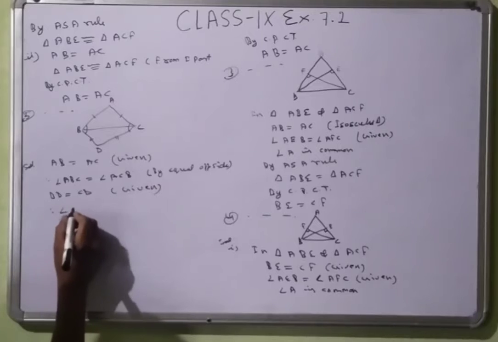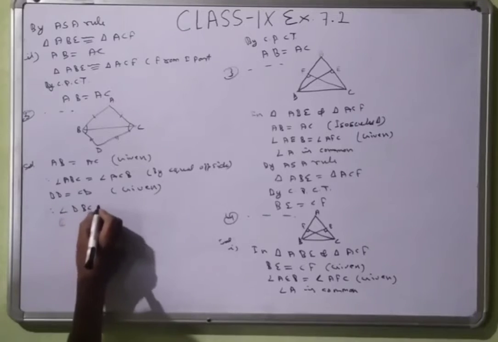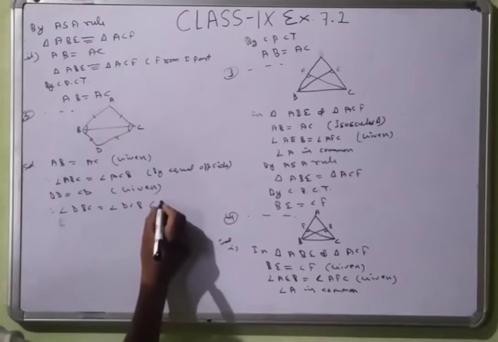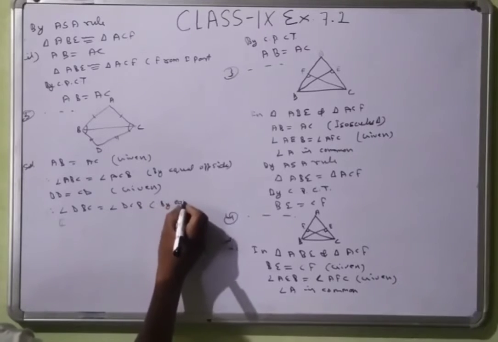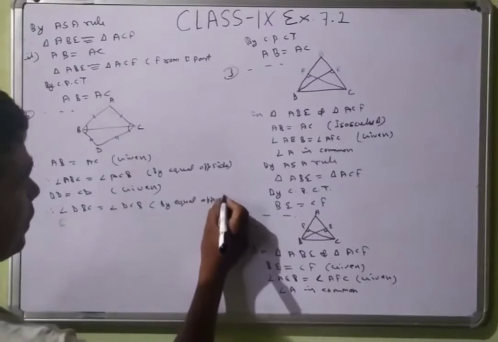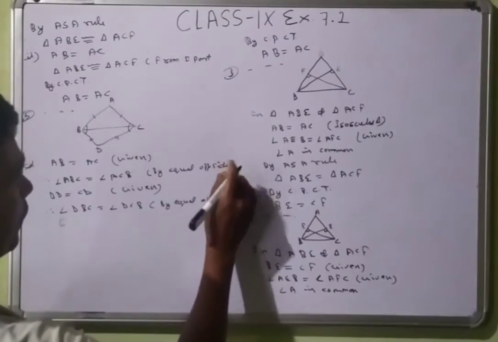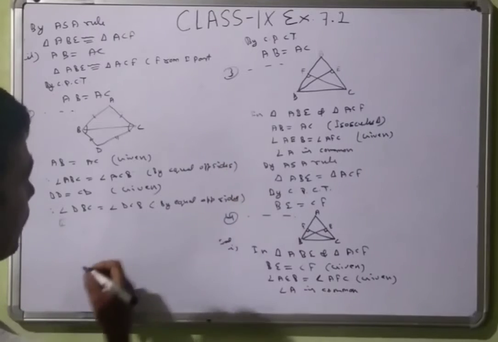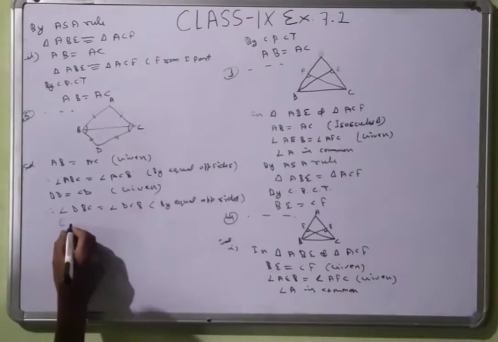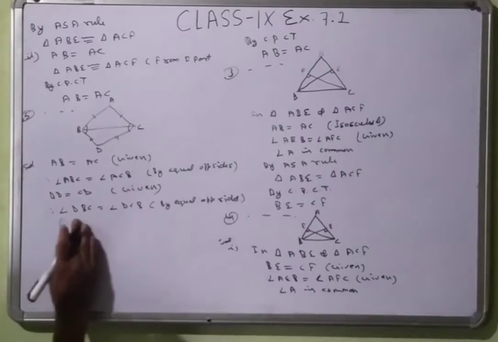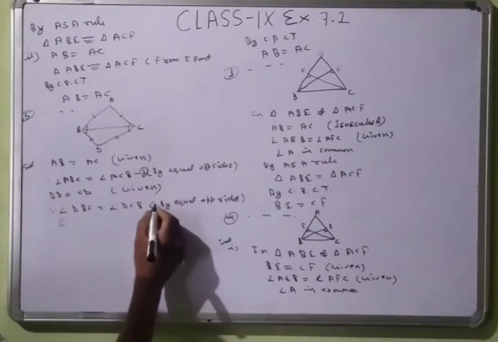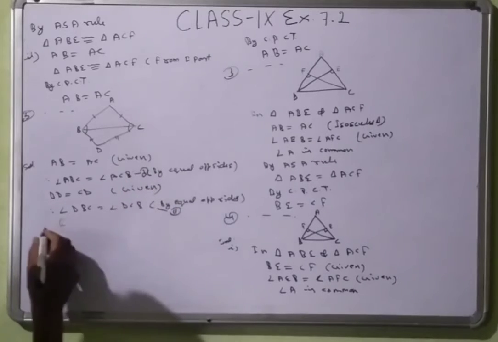So angle DBC is equal to angle DCB by equal opposite sides, right? So this is equation first and this is equation second.